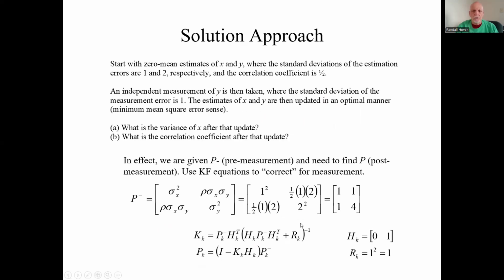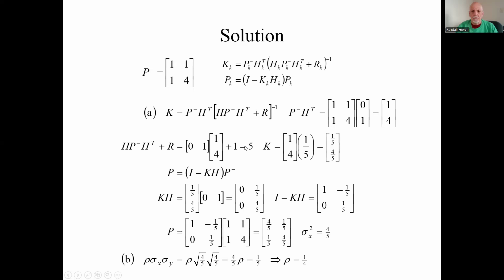And what did it really ask? What's the variance of X after the update, and what's the correlation coefficient after the update? This is the variance of X. Here's the variance of Y. They're both the same. So the variance of X is just that 4/5. These off-diagonal terms are this.